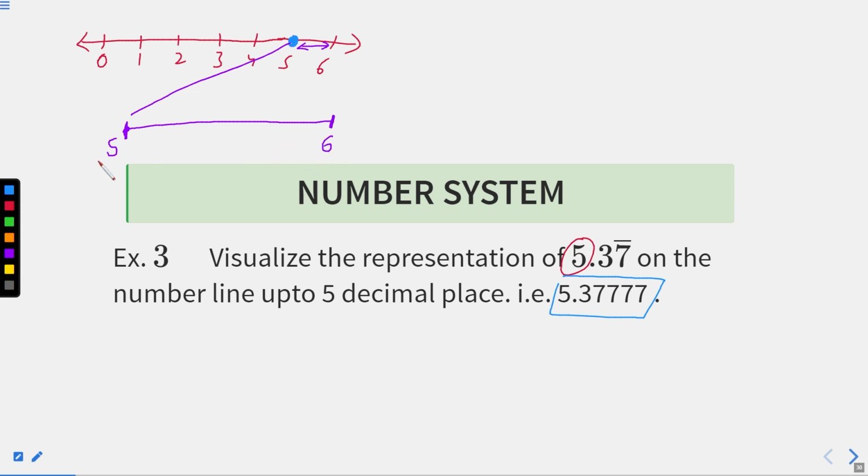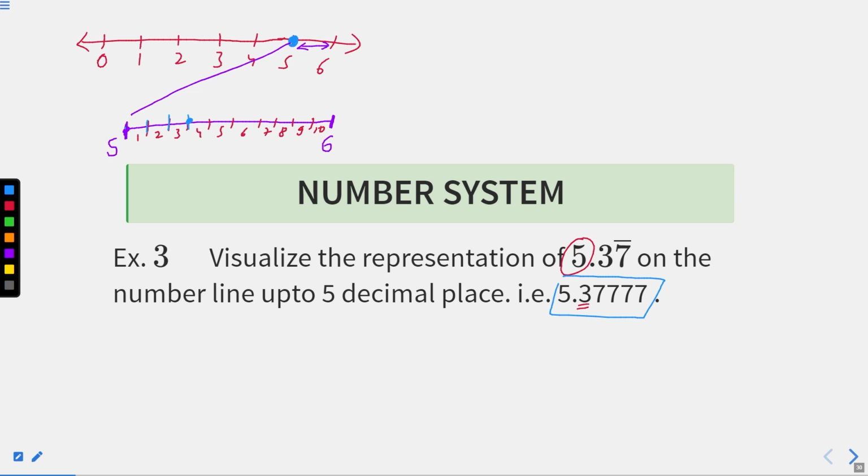Now again we have to divide it into 10 equal subparts: 1, 2, 3, 4, 5, 6, 7, 8, 9, and 10. Now we want 3. We stop when we get the 3rd part. So 1 part, 2 parts, and the 3rd part.